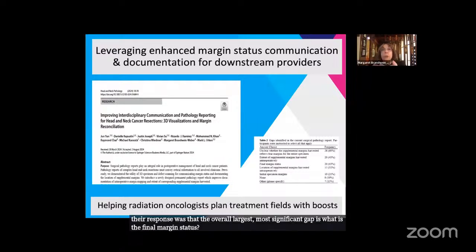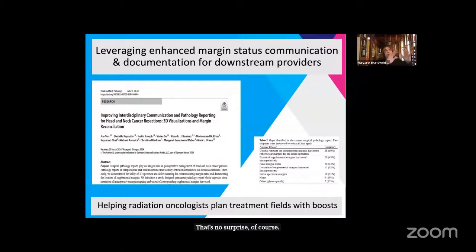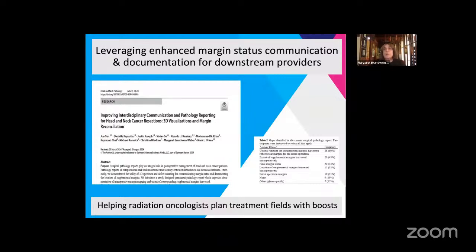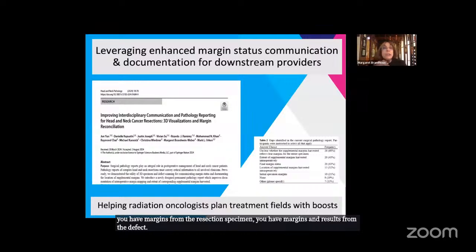That's no surprise, of course, because here you have all of the margins from the resection specimen. You have margins and results from the defect. Do they, in fact, match up?